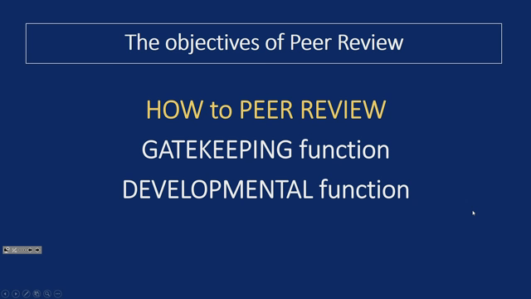Excessive gatekeeping may result in rejecting valuable contributions by stressing, for example, the limitations of a manuscript. On the other side, a developmental approach may violate authorial voice by affecting a manuscript excessively, to the extent that it does not represent the author's style, intentions, and goals anymore.